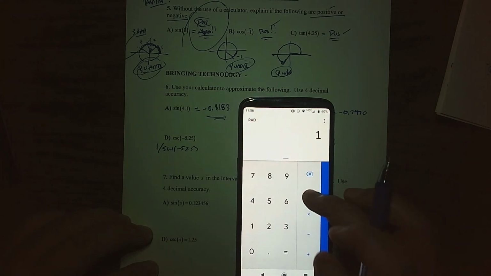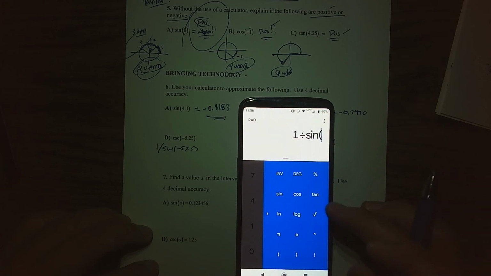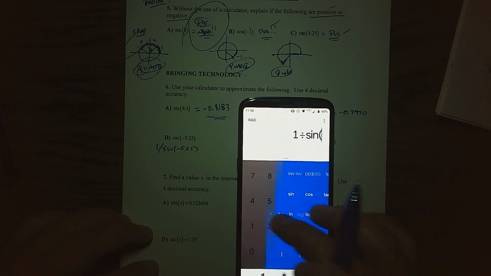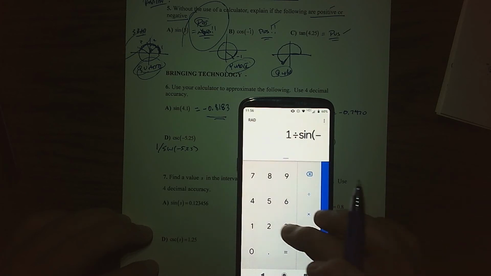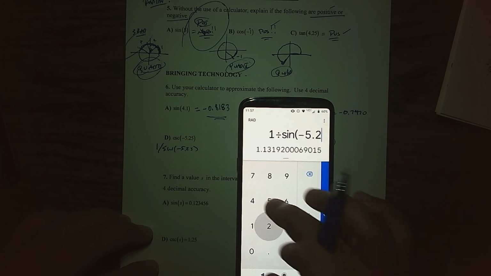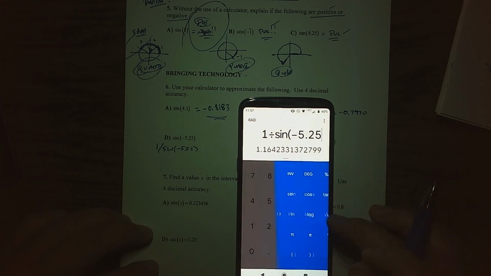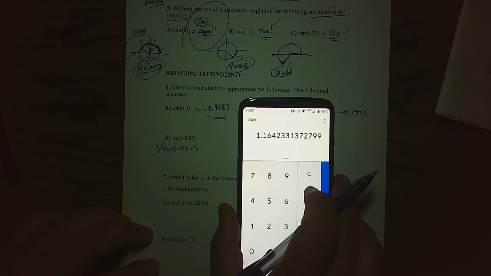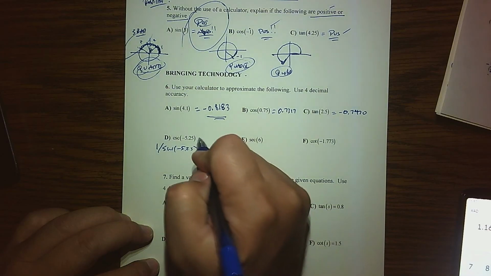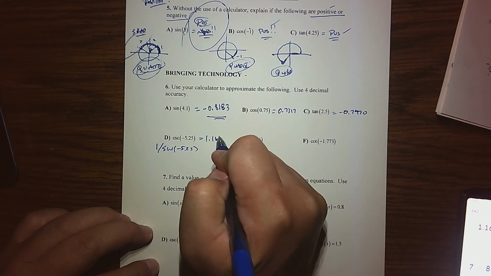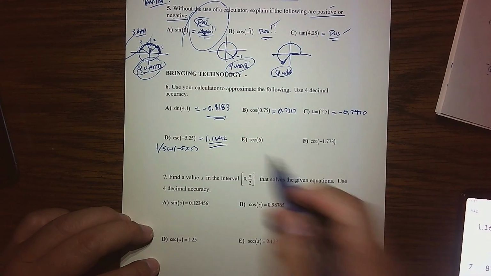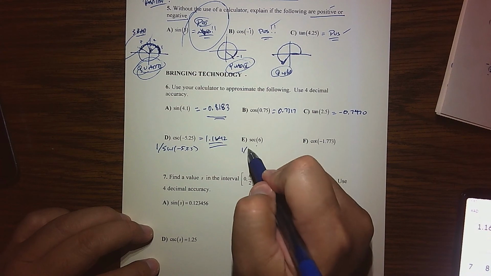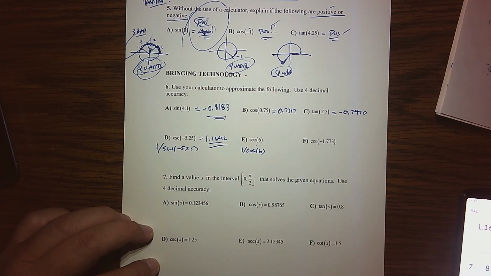I've got 1, and I'm dividing that by the sine of negative 5.25. And let me close those parentheses, hit the equal sign, and it looks like 1.1642.